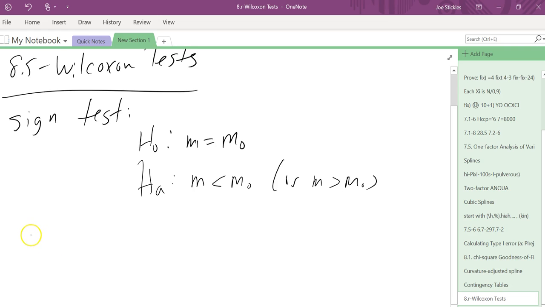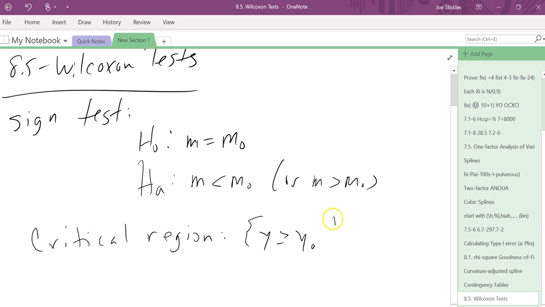Our critical region will be the set of all y being greater than or equal to some specific y naught, where the probability that you're greater than or equal to y naught is less than or equal to alpha.